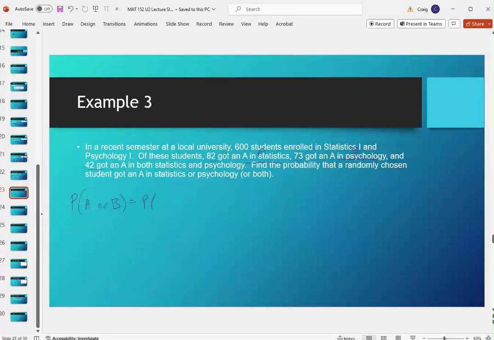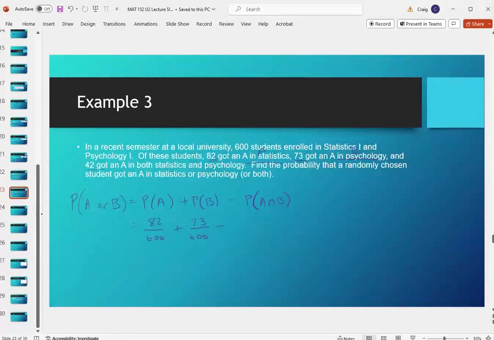Well, the probability of A plus the probability of B, but then we have to subtract away the probability of both. We want to know the probability that they got A or B. Well, 82 out of 600 made an A in statistics, 73 out of 600 made an A in psychology.